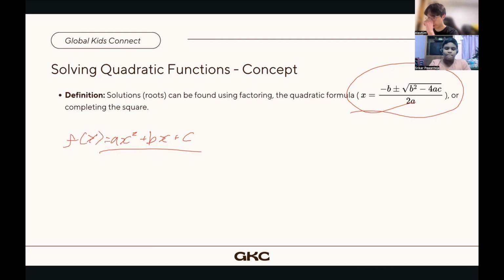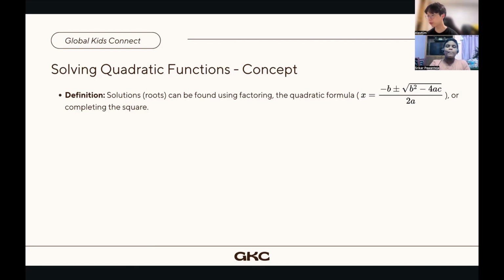The quadratic formula, which you have to memorize, is x equals negative b plus or minus the square root of b squared minus 4ac, over 2a. It's a very important formula, and I advise you to memorize it well.